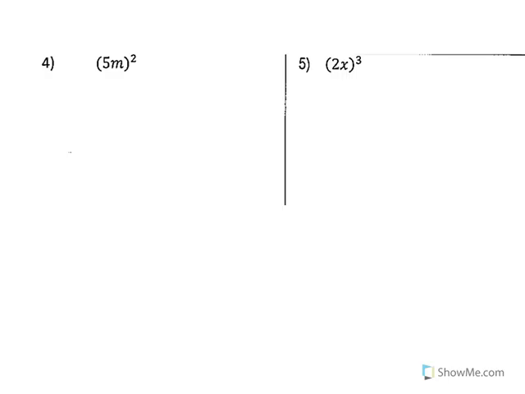Okay, so right now, the 5 has to go squared, and the m has to go squared. Both of them have to be raised to the 2nd power. 5 to the 2nd, m to the 2nd. So go ahead and write that. Okay.